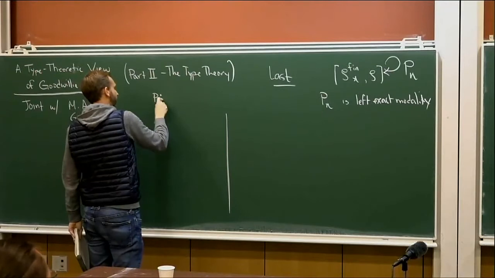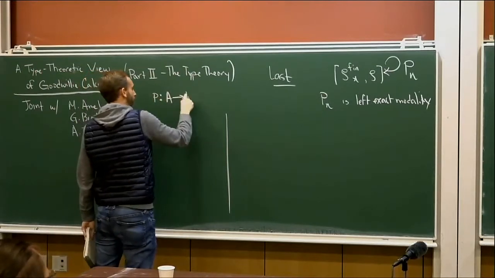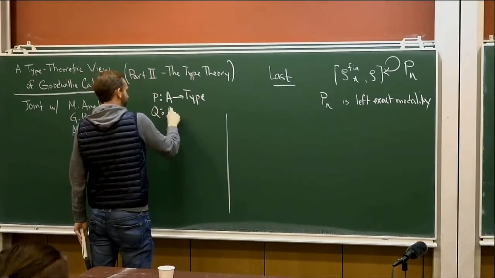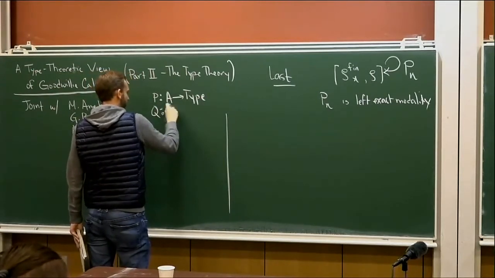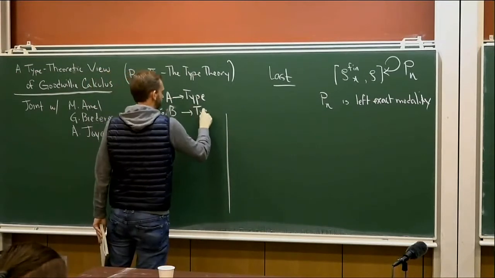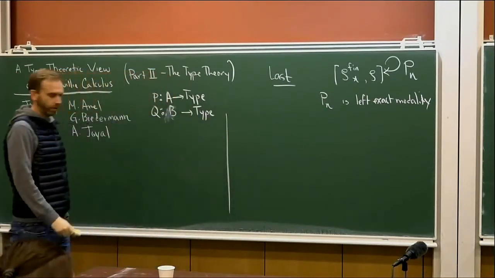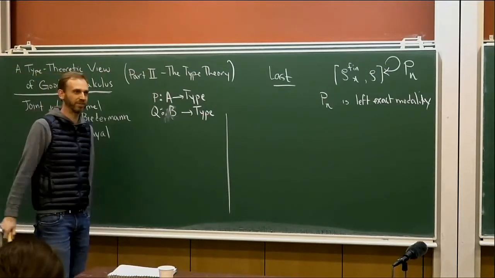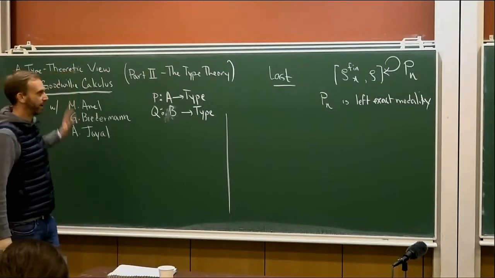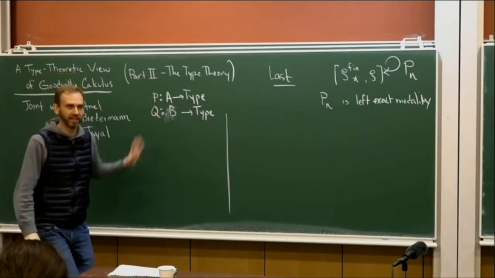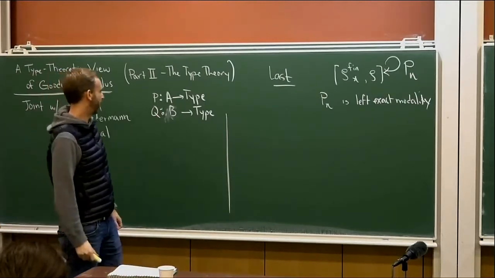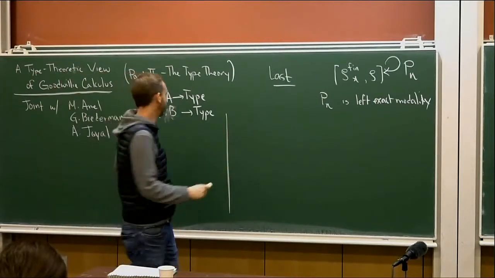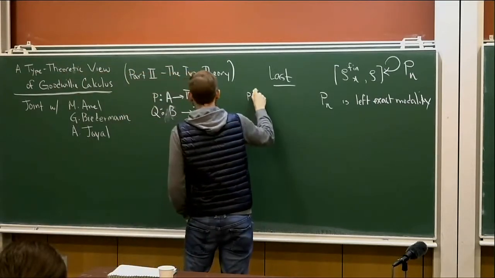So let me, in what follows, fix 2 type families, P and Q. I'm a little bit schizophrenic in this subject because most of my co-authors think a lot about higher category theory and topos theory, and I like type theory quite a lot. So there's this internal version and external version.